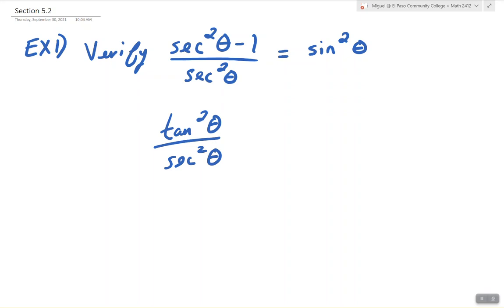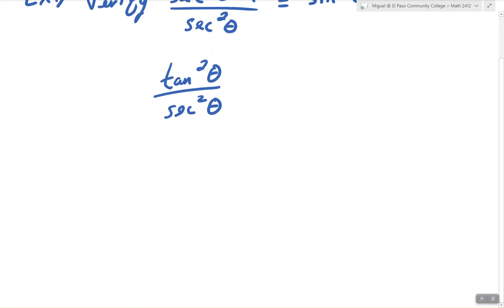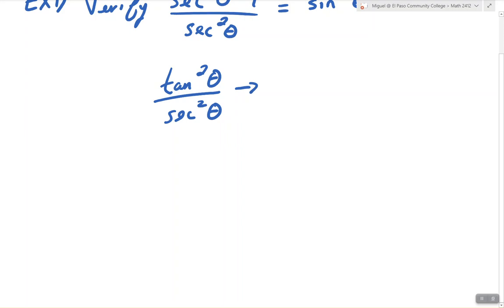Because secant squared is in the bottom, I can bring it up if I change it to cosine squared. Does that make sense? It's like changing secant to 1 over cosine, but because it's in the denominator, it flips up and goes in the numerator. So tangent will still be up there, but now it multiplies tangent squared as cosine squared.